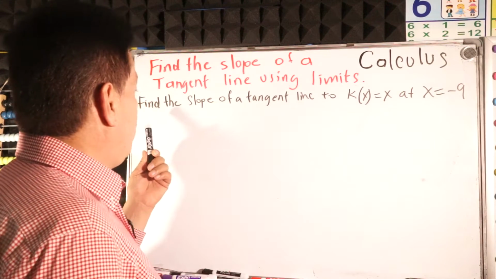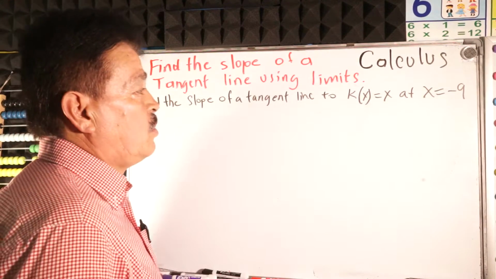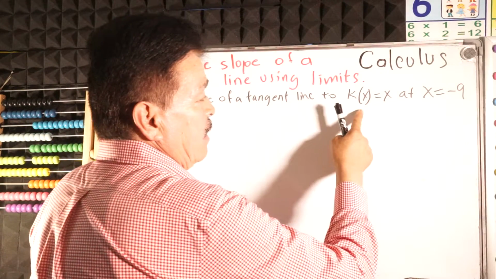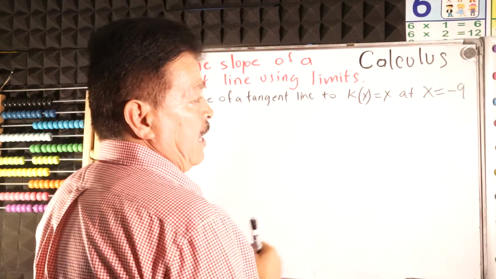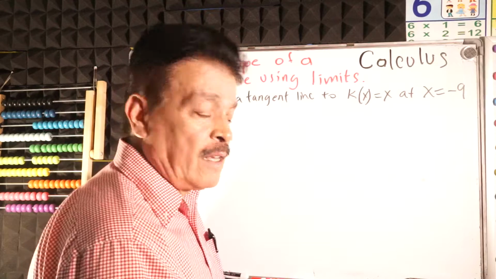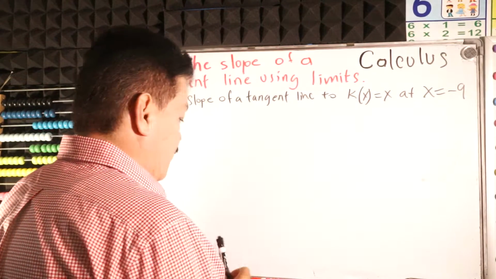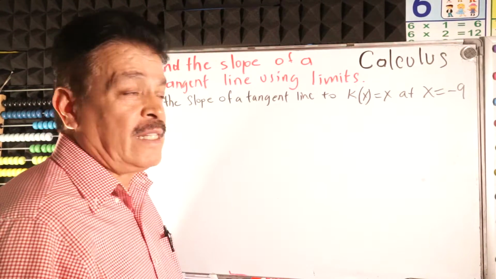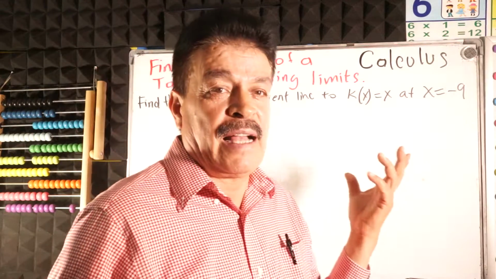This is the problem. Find the slope of the tangent line to k of x equals x at x equals -9. Before we start, let's see what I mean by this topic.